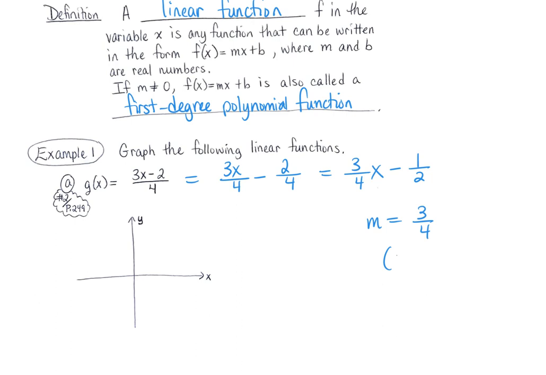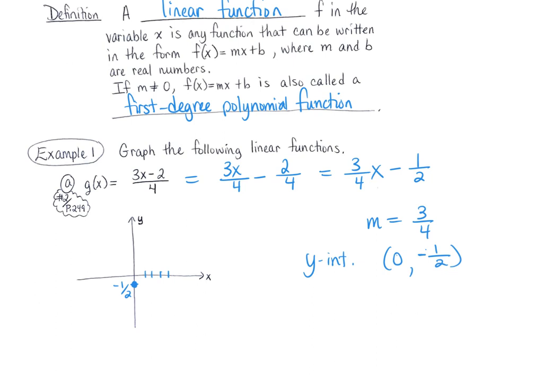At your y-intercept, what's x? 0. Good. So 0, negative 1/2. That's your y-intercept. And then your slope is 3/4. So it says you need to rise how many? 3.